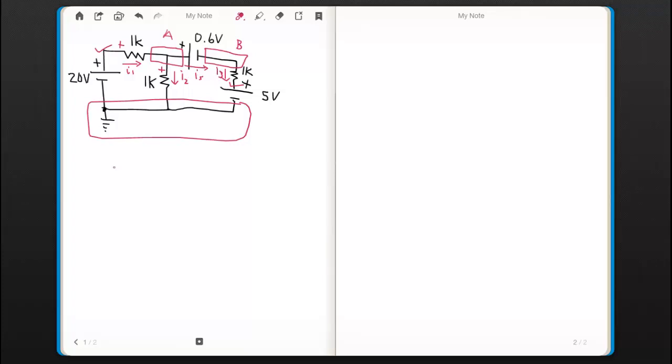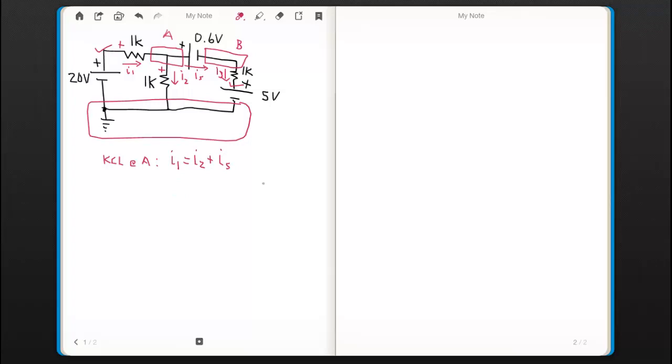Alright, now I do my KCL equations. KCL at node A is going to be I1 flowing in, and that's going to equal I2 plus IS, which is flowing out.